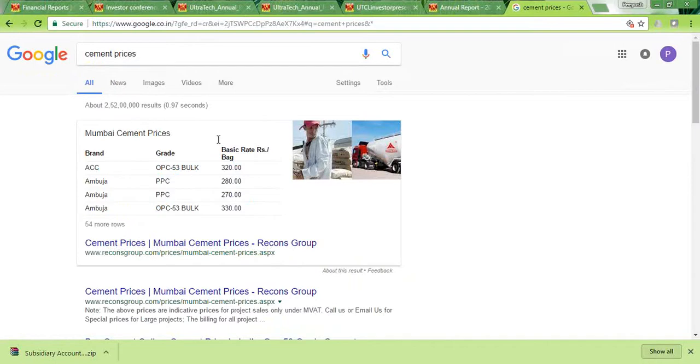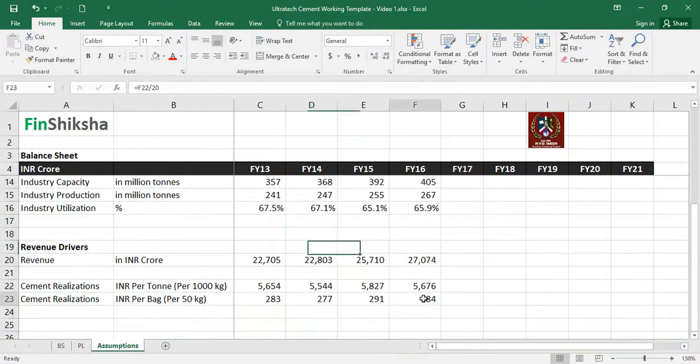So typically the prices come in terms of rates per bag, and that's what we are on average looking at in our calculations. Remember, these are average data points. These work out to somewhere around 284 rupees per bag for this particular company, right?